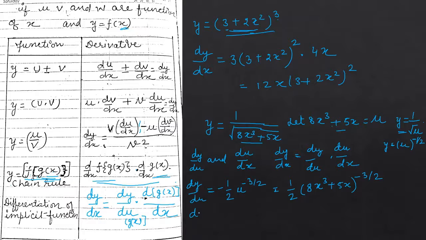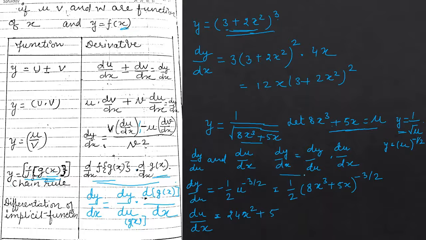Now what will be the value of du, the differentiation of u with respect to x? We can find this from this equation. This is equal to 24x square plus 5.